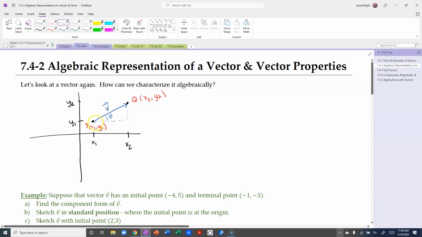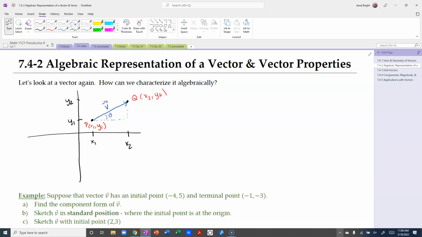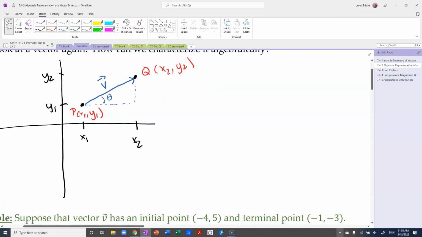If I went horizontally here, and I'm going to zoom in even more, if I were to make a triangle out of this, that length of the side of the triangle I could find as the space between x1 and x2, which is just x2 minus x1, and boom, there we have that amount.